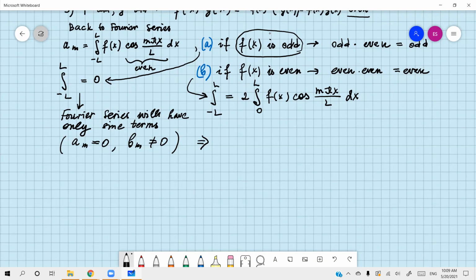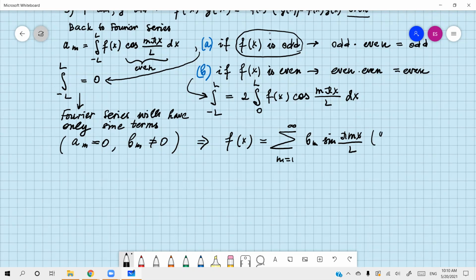So if the function is odd, my Fourier series is going to look like this, just like a final statement over here. It's going to be something like b_m sine of pi m x over L, where m goes from 1 to infinity.